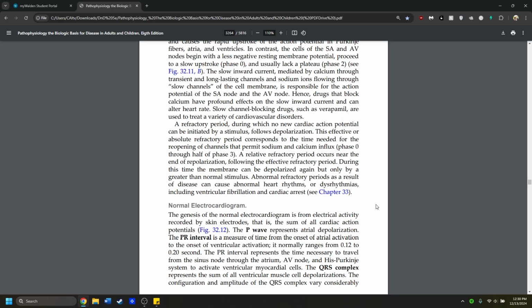Phase 0 through half of phase 3, a relative refractory period, occurs near the end of repolarization, following the effective refractory period. During this time, the membrane can be depolarized again, but only by a greater than normal stimulus. Abnormal refractory periods as a result of disease can cause abnormal heart rhythms or dysrhythmias, including ventricular fibrillation and cardiac arrest.